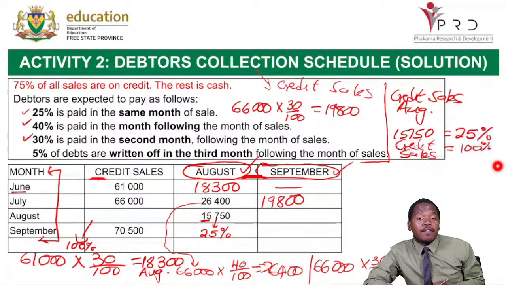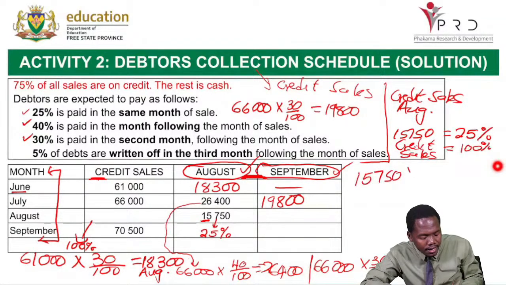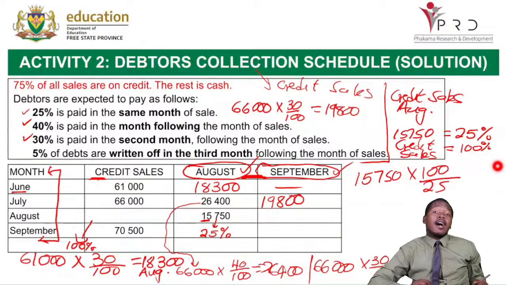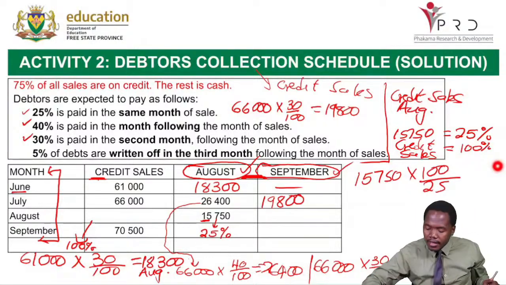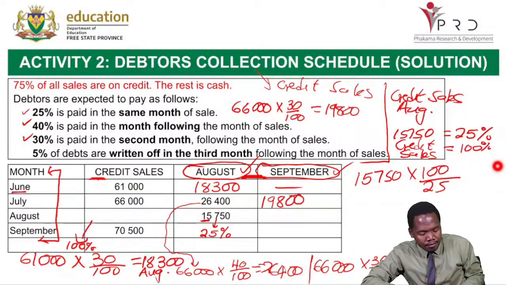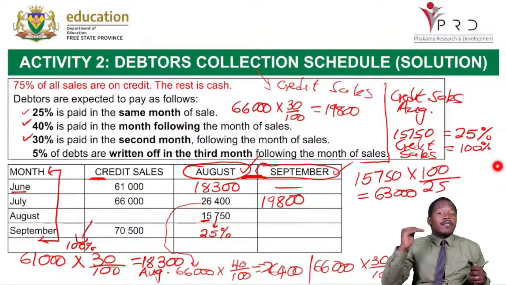Now, let us use the formula of amount given multiplied by unknown over known. How much is the amount given here? We are given 15,750 multiplied by, I am now looking for the credit sales, so it's going to be 100 over 25. Let us do that. 15,750 multiplied by 100 over 25. The answer becomes 63,000.